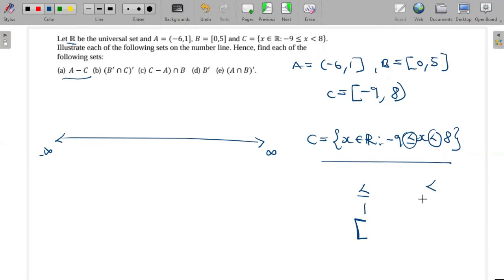When you see a less than symbol, you have to think open. So at 8 we open, meaning 8 is not part of the set. It's just showing us a demarcation, but it's not in the set itself. So that's how we move from there.